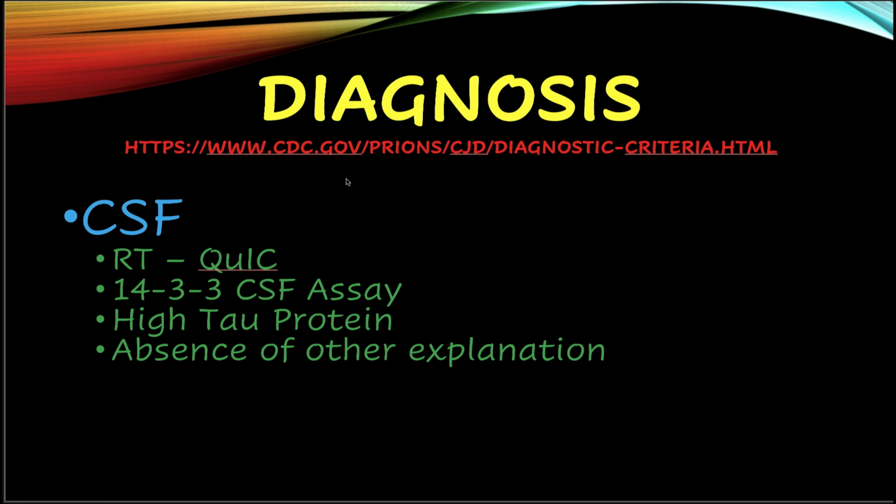Other tests that are suggestive of neurodegeneration are the 14-3-3 CSF assay and high tau protein in the CSF. Obviously, you need to make sure that this person does not have any other infection or inflammation that may account for these particular symptoms, so you want to rule out HSV encephalitis. Make sure the patient does not have any kind of a malignancy.